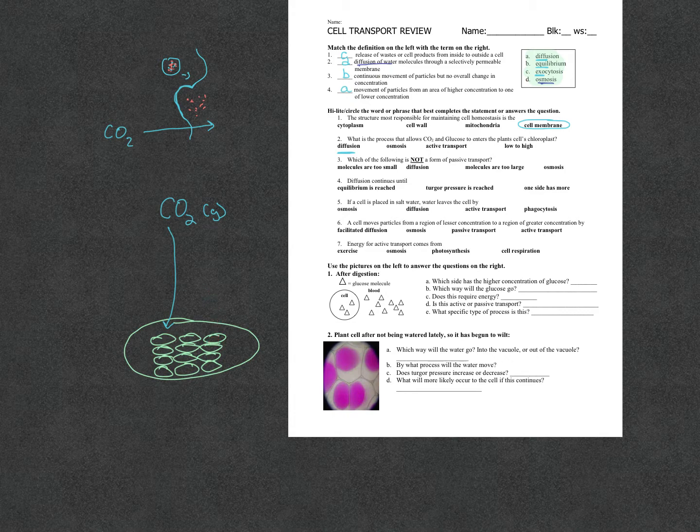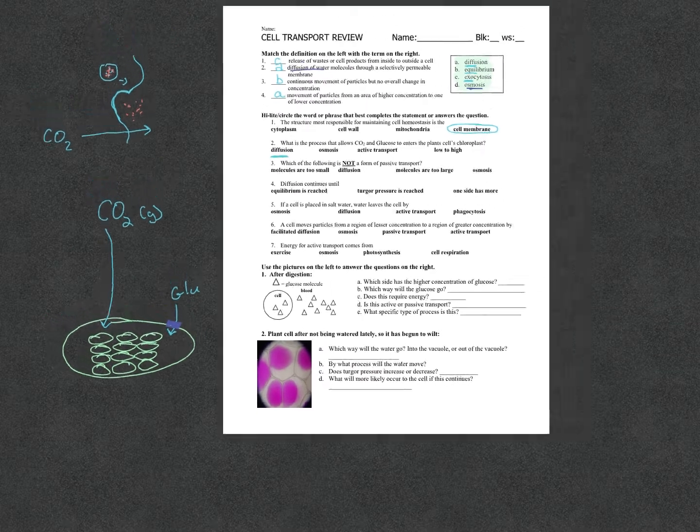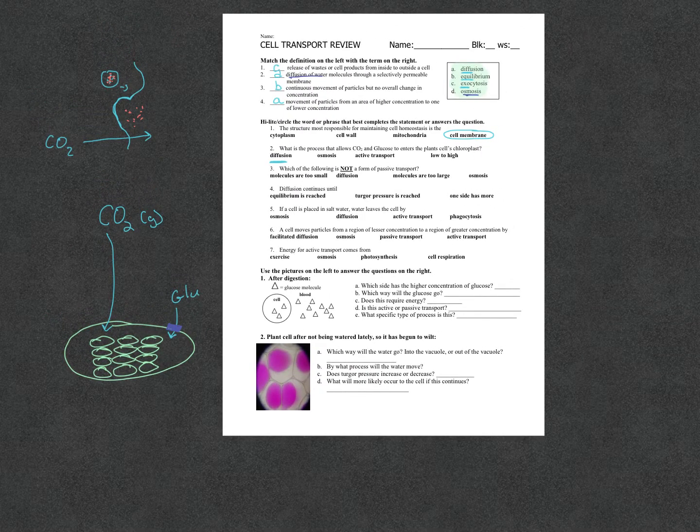But whatever, if glucose is going into the chloroplast, in either case, it's going to go through. It is large, so it can't be simple diffusion. It has to be a type of diffusion known as facilitated transport or facilitated diffusion, but it's still going to be diffusion. It's going to go from high to low, just like CO2. So if glucose is going in the way the problem is asking, then it would go into the cell through facilitated diffusion.